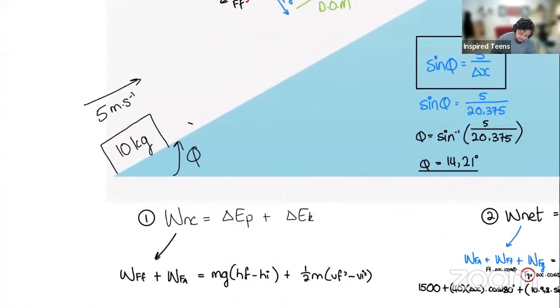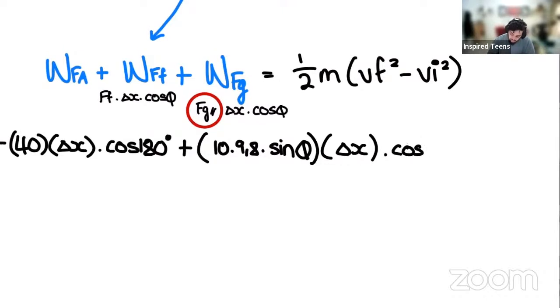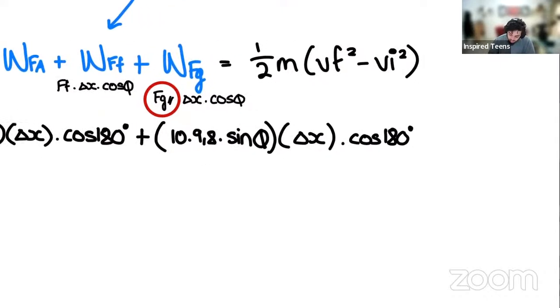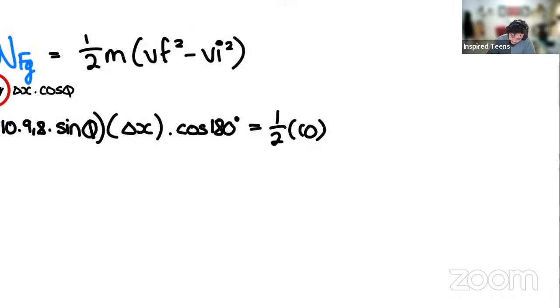So you see this one is a bit more complicated because now we have two unknowns: sine theta, times delta x, again unknown, times cosine theta, which is cosine 180 for FG parallel too, because it's traveling in the opposite direction of motion. And that equals half times 10 times 8 squared minus 5 squared.